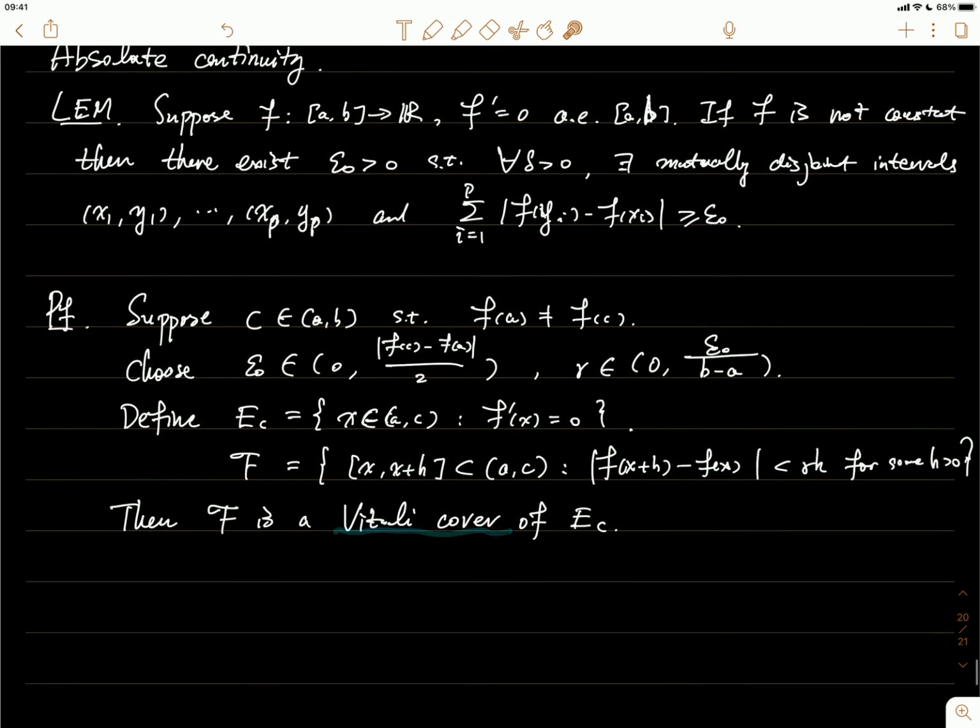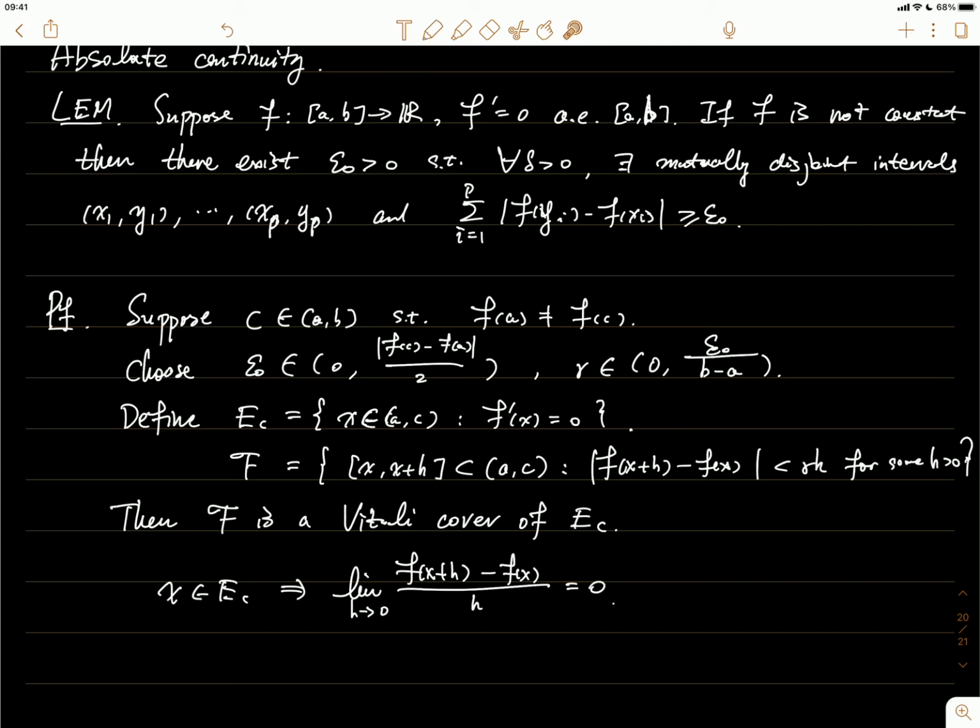And why this F is a Vitali cover of the EC is because the EC contains all the points whose derivative is equal to 0. Since r is greater than 0, for h small enough, |f(x+h) minus f(x)| over h will be smaller than r, because for x in EC the limit as h goes to 0 is equal to 0, right?